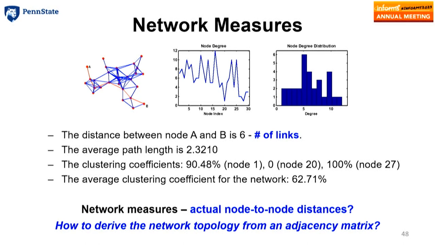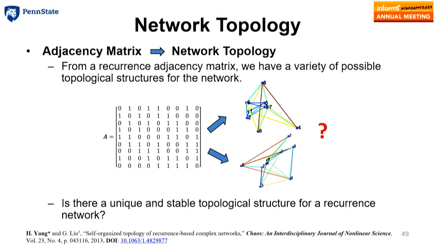But in the adjacency matrix, we only count 1 or 0. Can the network measures not be based on 1 or 0, but use the actual node-to-node distance? If we want to use the actual node-to-node distance, then we have to derive the network topology from the adjacency matrix. That means, given an adjacency matrix, tell me what self-organized topology it gives. But the adjacency matrix, you see, is 0 and 1.